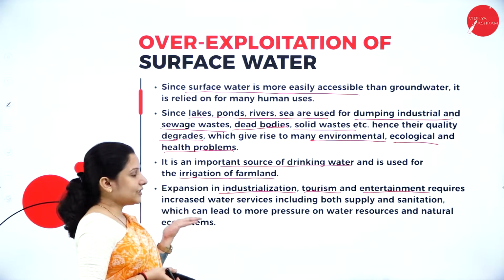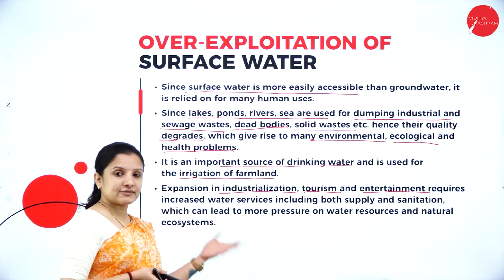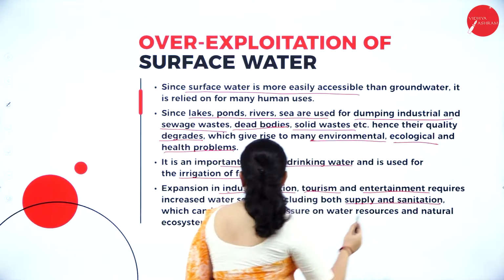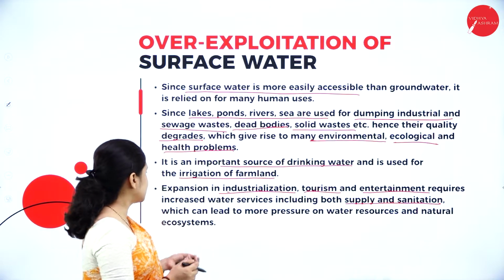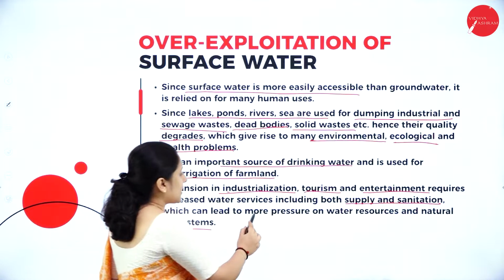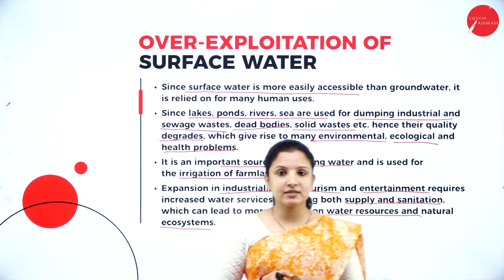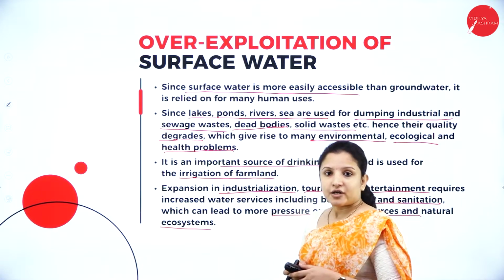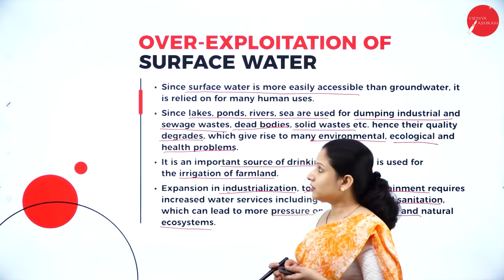Therefore, all these make use of a large amount of water, including wastage of water, for both supply and sanitation, which can lead to more pressure on the water resources and therefore on the natural ecosystem. So this is how, for various reasons, because of human overexploitation, the fresh water is getting depleted even though it is a renewable resource.